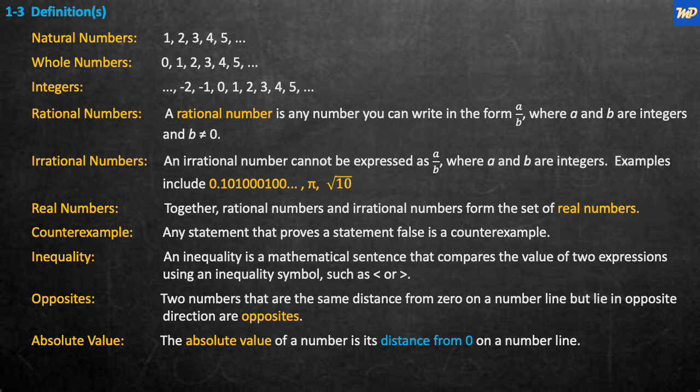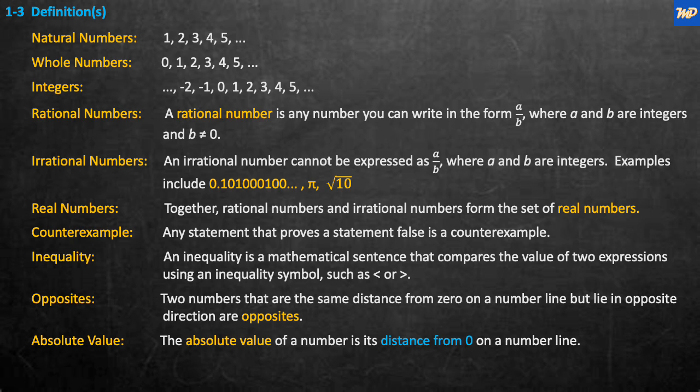Then a counter example. Any statement that proves a statement false is a counter example. Inequality. An inequality is a mathematical sentence that compares the value of two expressions using an inequality symbol such as less than or greater than.